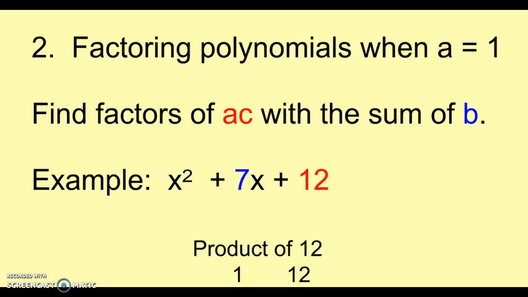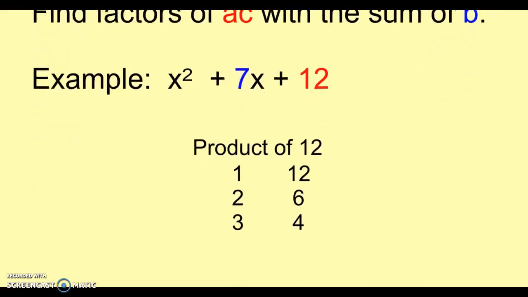So we want factors of 12. 1 times 12 is 12. Here are all of our numbers that multiply to a product of 12. Which of these adds up to 7? 1 and 12 makes 13, 2 and 6 is 8, 3 and 4 makes 7.